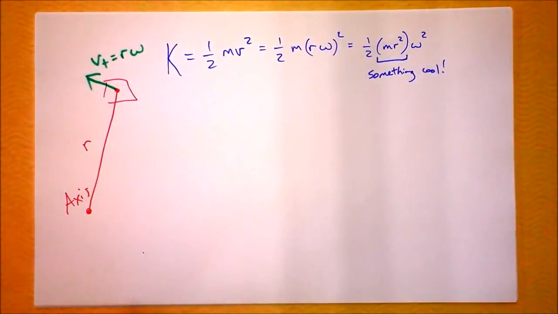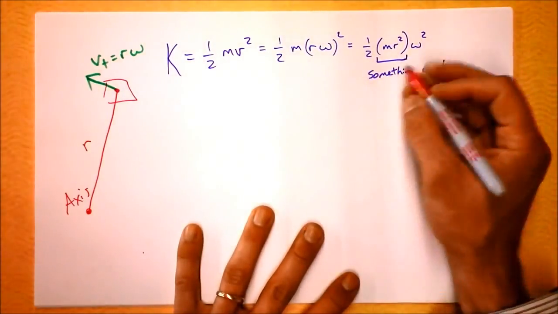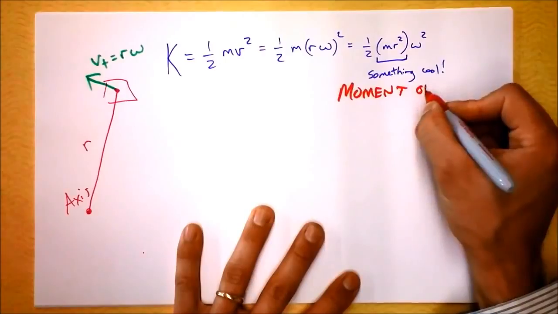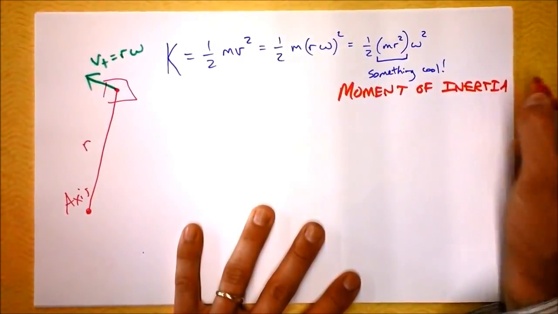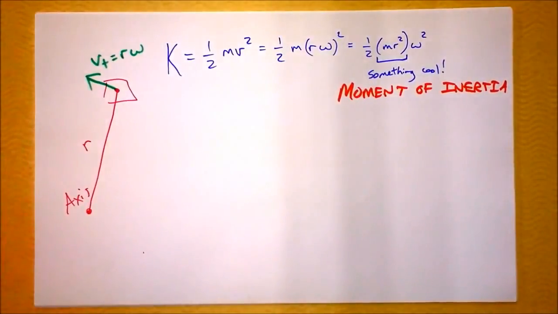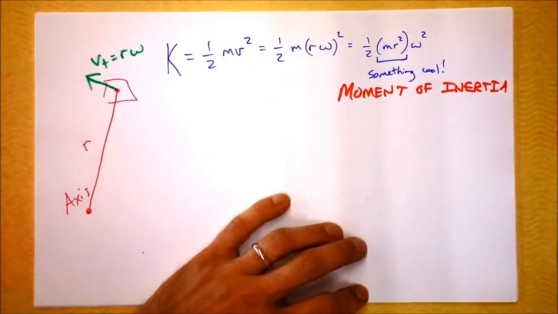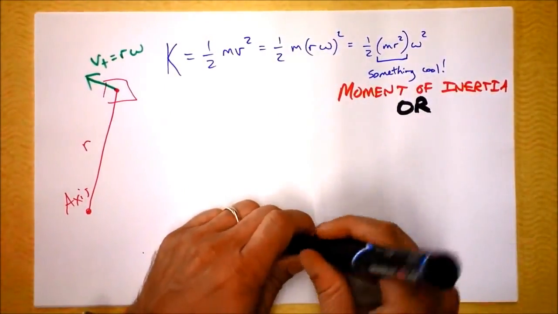This something cool that I want you to recognize is, well, you don't have to recognize it yet, but this is called the moment of inertia. Moment of inertia is the standard name for this thing, but I'd like to call it something else. I'd like to call it rotational inertia. So we'll put a little "or" here, and this is my personal preference.